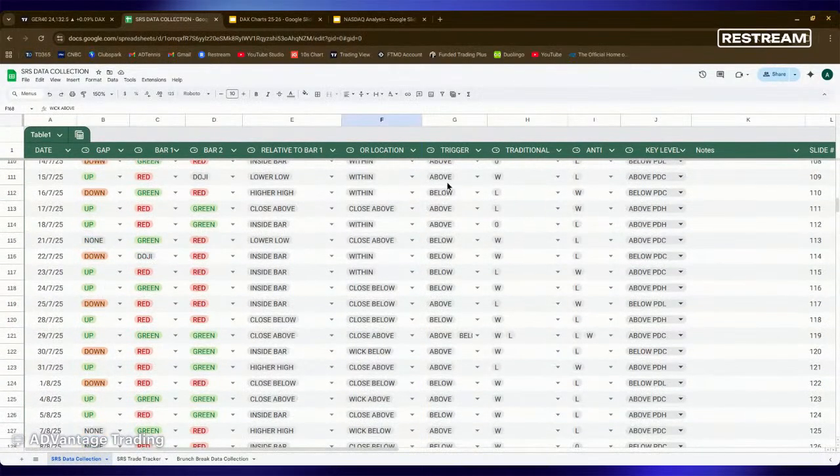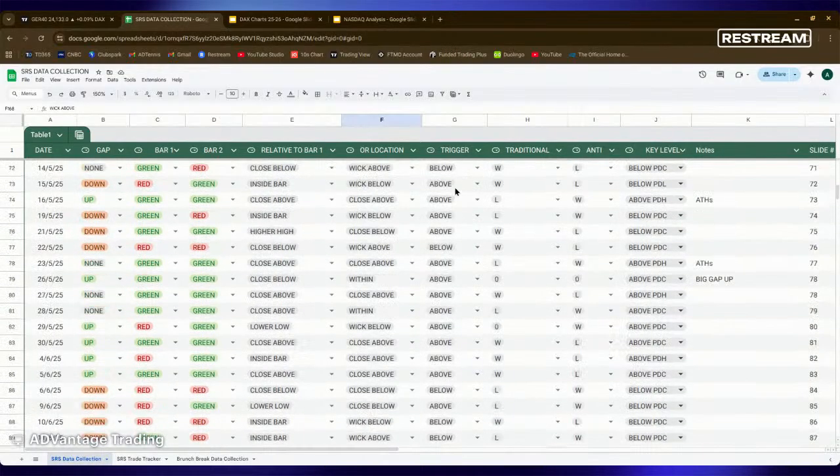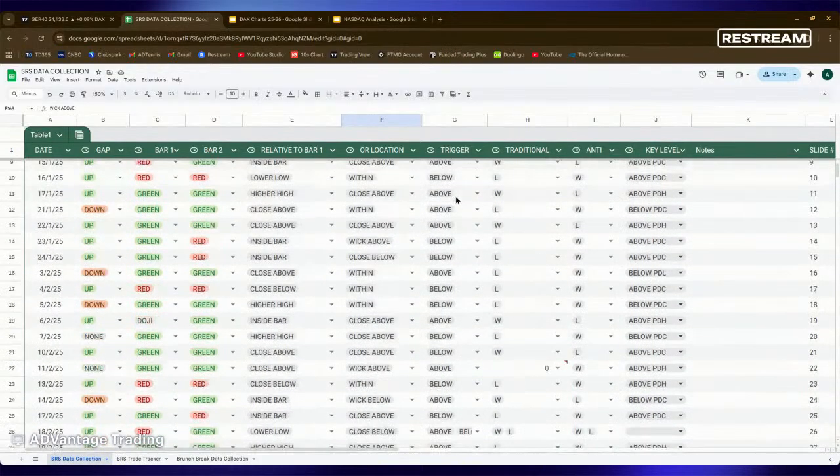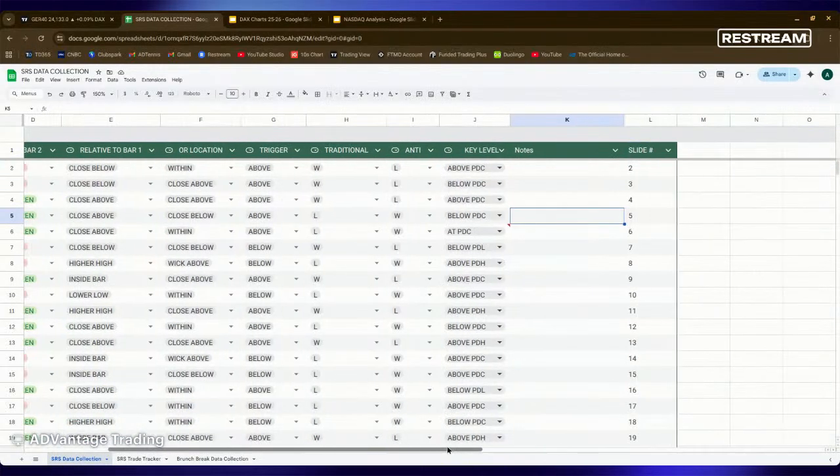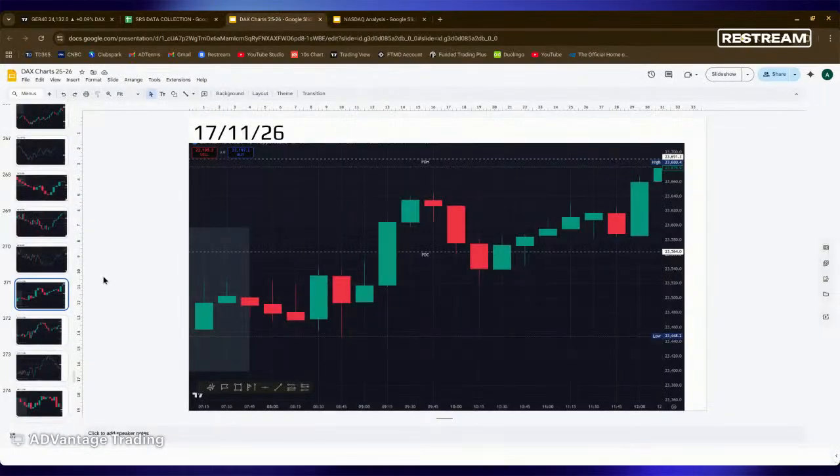Trigger just means whether the market breaks above or below the school run bar, which is our second 15-minute bar. And then we've got whether the traditional entry or the opposite entry would win or lose. So traditional means buy above the school run bar. So on this particular day here, the market broke above the second 15-minute bar.